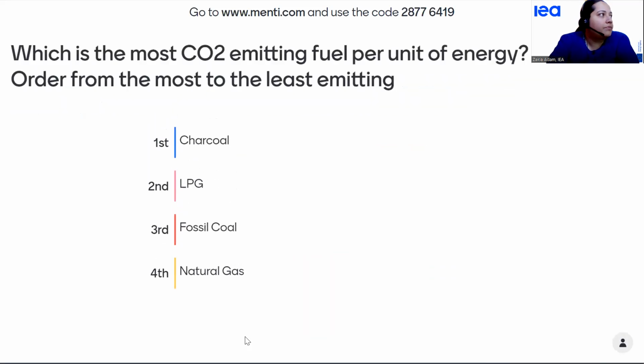Another question: which is the most CO2 emitting fuel per unit of energy? From charcoal, LPG, fossil coal, natural gas, you have to rank which one emits the most to the one emitting the least.